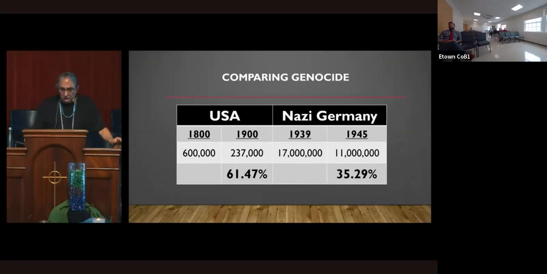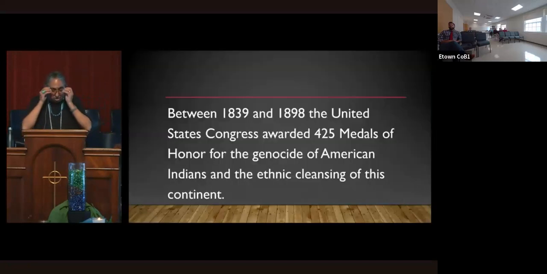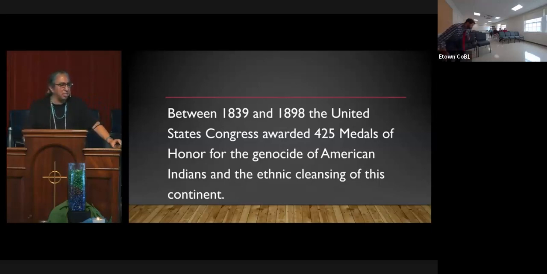That's almost twice the rate of genocide Hitler had over the Jews in Nazi Germany. So just to be clear, between 1839 and 1898, the United States Congress awards 425 medals of honor for the genocide of American Indians and the ethnic cleansing of this continent.